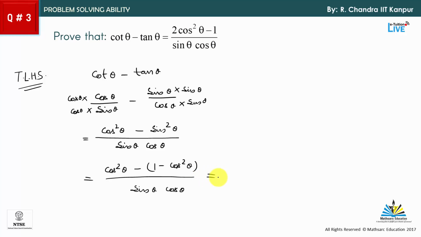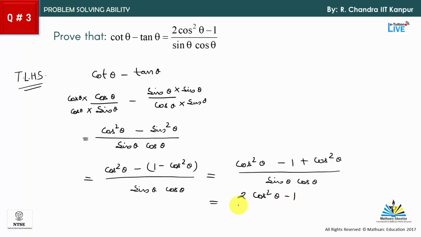So this implies cos square theta minus 1, and minus into minus is plus cos square theta upon sin theta cos theta, and in the next line we will have the proof. Cos square theta plus cos square theta is 2 cos square theta minus 1 upon sin theta into cos theta. Hence proved.